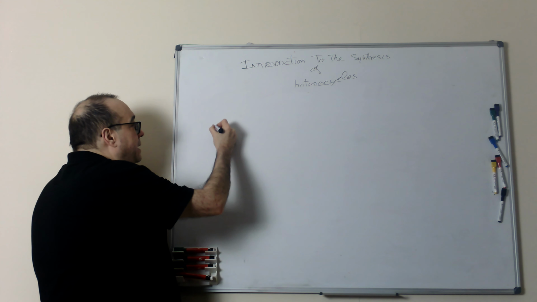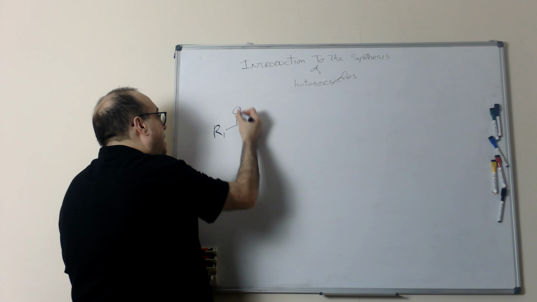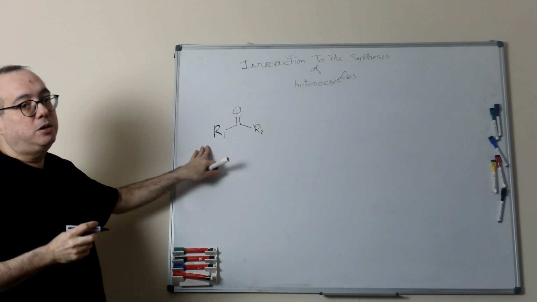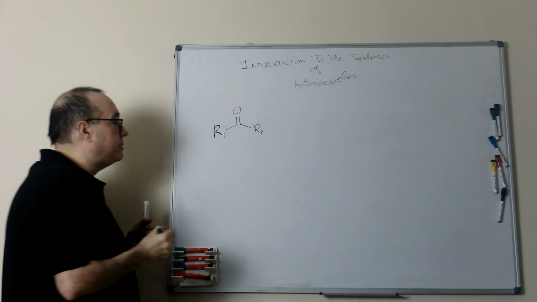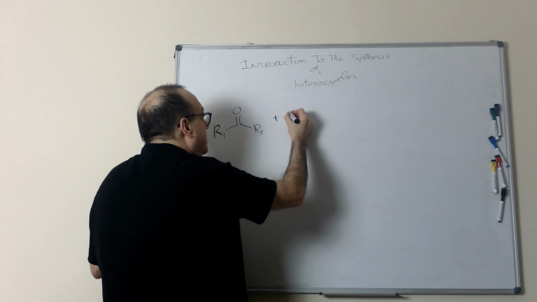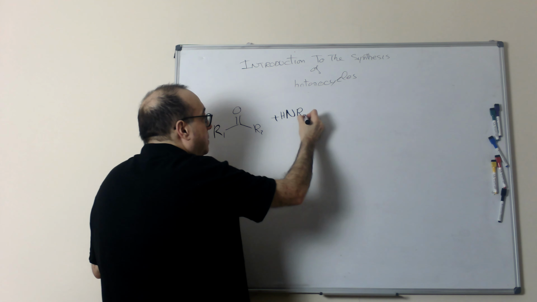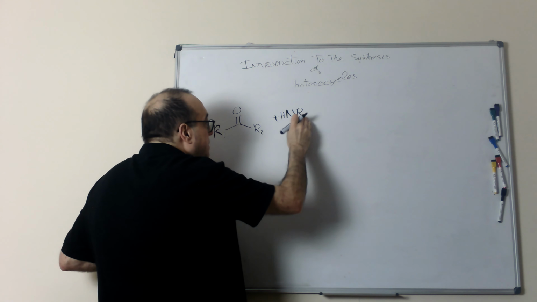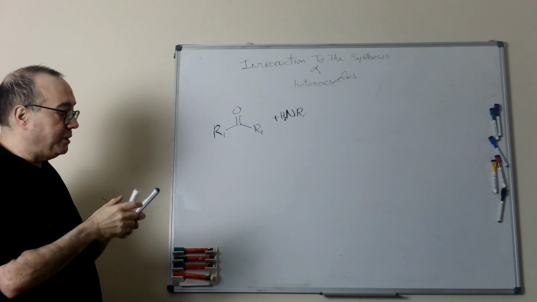To form imines, basically we have exactly the same as before. We need a carbonyl group, basically a ketone or an aldehyde are the two options. Okay, and this time the difference is we add a secondary amine, a primary amine. How is it starting?